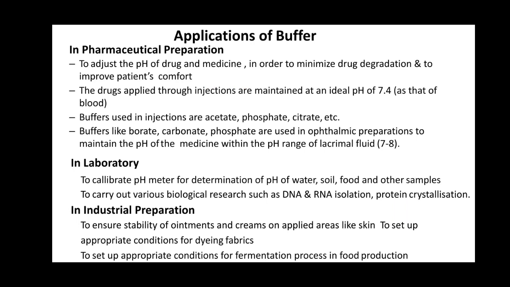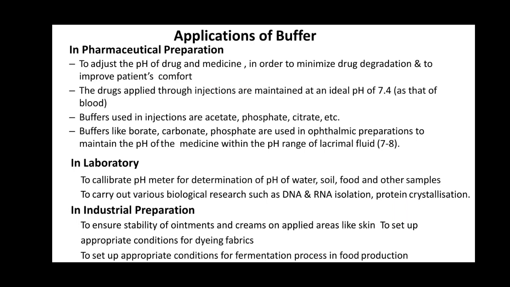And in the laboratory, buffers are used to calibrate the pH meter for determination of the pH of water, soil, food and other samples. And to carry out various biological research such as DNA and RNA isolation and also protein crystallization, we will be using buffers in the laboratory.